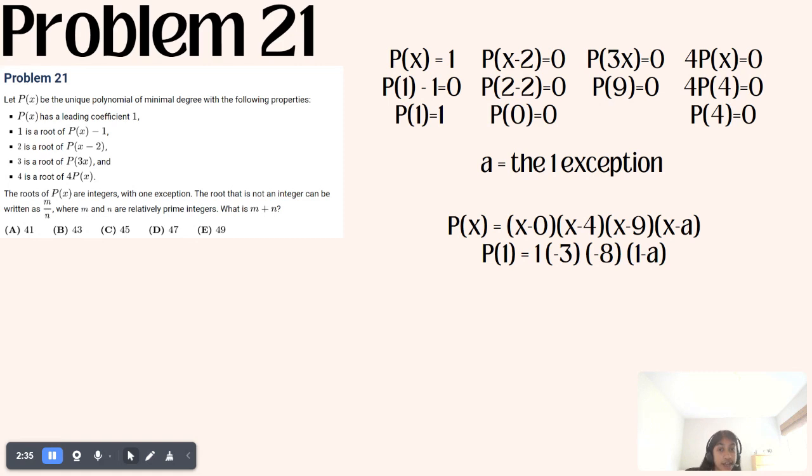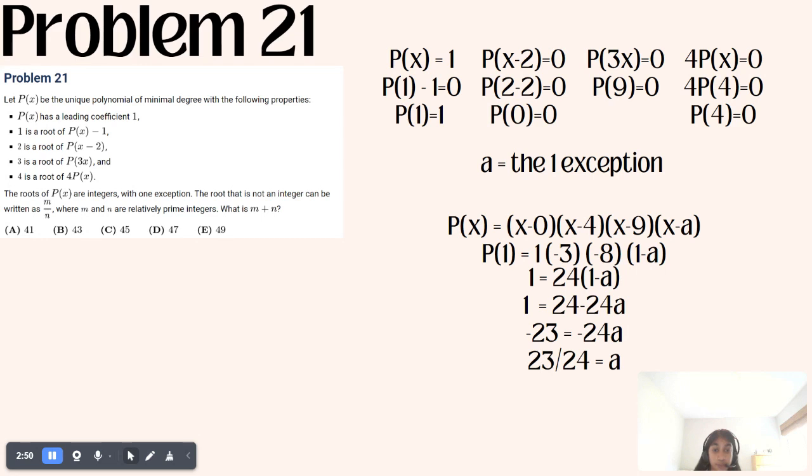Let's say x is 1 in this case, and substitute 1 for each of them. So we have 1 times negative 3 times negative 8, and then we have 1 minus a. Next, further simplifying it, we can find that 1 is equal to 24 times (1 minus a). So that gives a value of a to be 23 divided by 24.